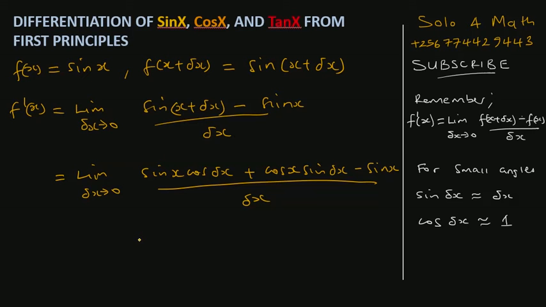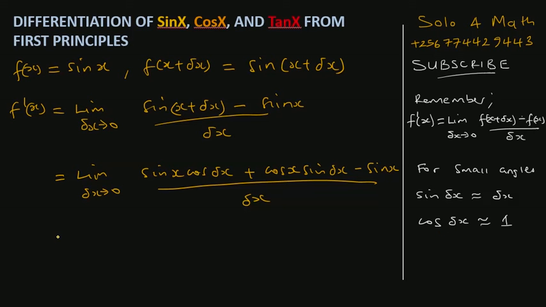Alright, now we are going to take these assumptions here. For small angles, sine of a small angle will always be approximated to that very angle. Then the cos of the small angle will always be approximated to 1.